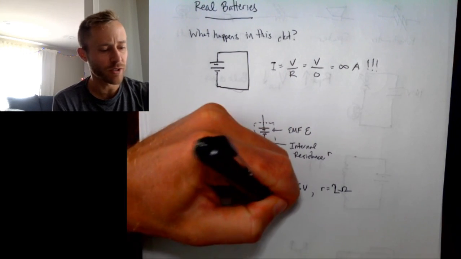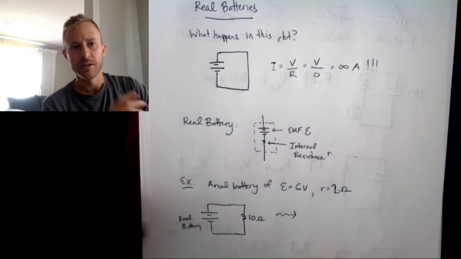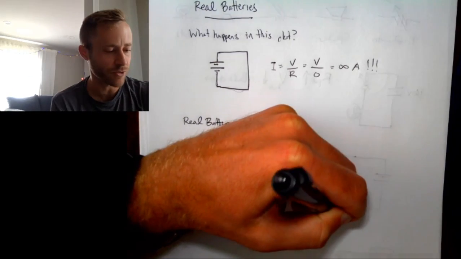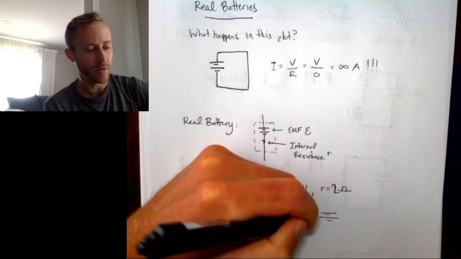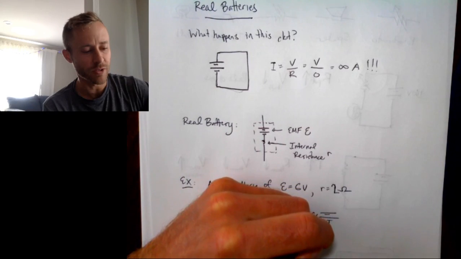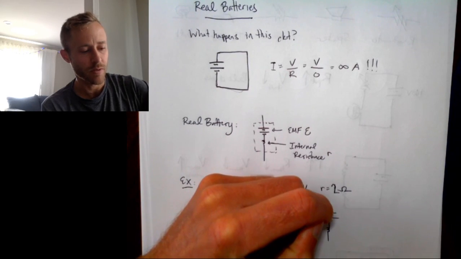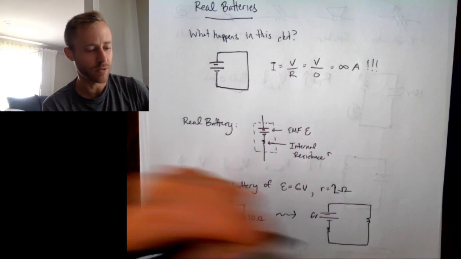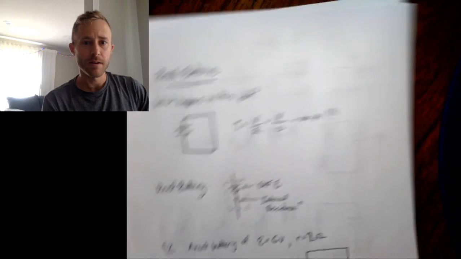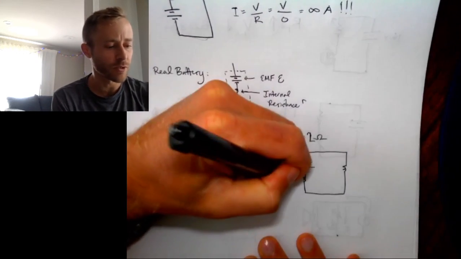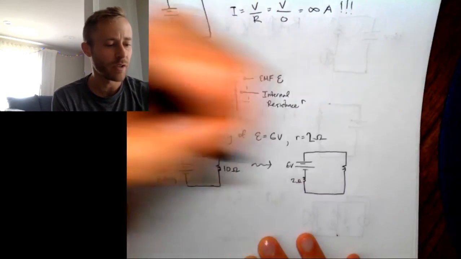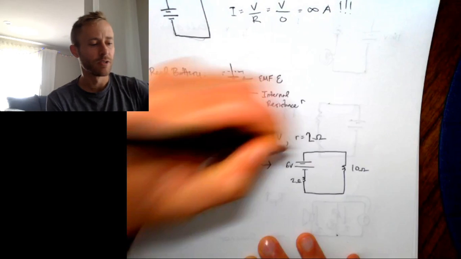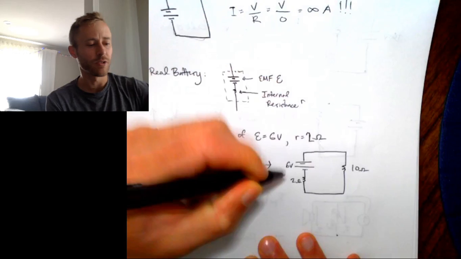So what I want to do is redraw the circuit, taking into account the fact that this is a real battery. So the real battery is actually a 6-volt ideal battery in series with the internal resistance. Okay? So the internal resistance is 2 ohms, and then this is 10 ohms. So this is the real battery. Okay?